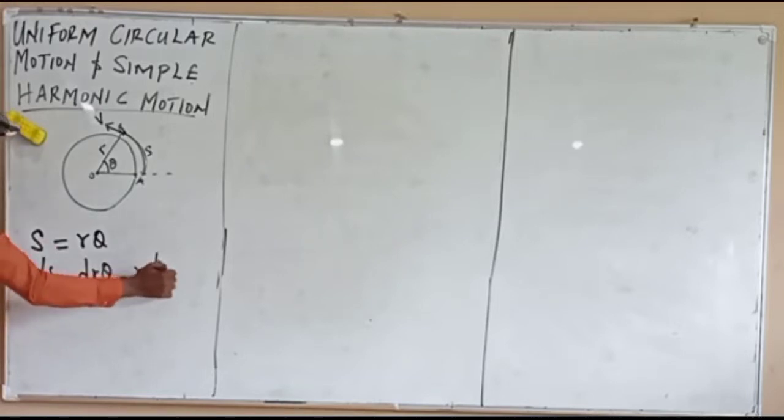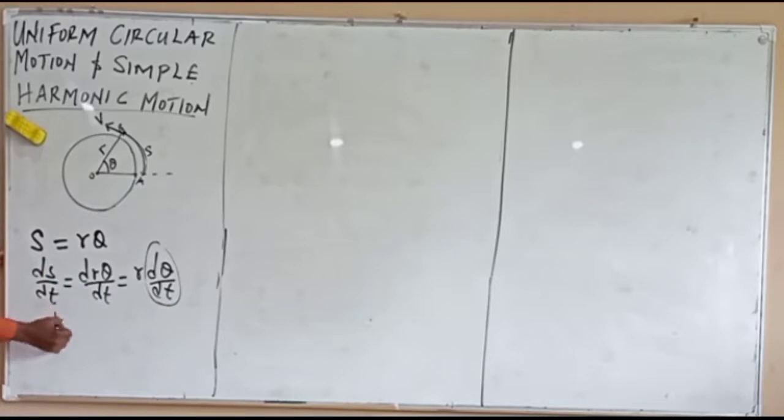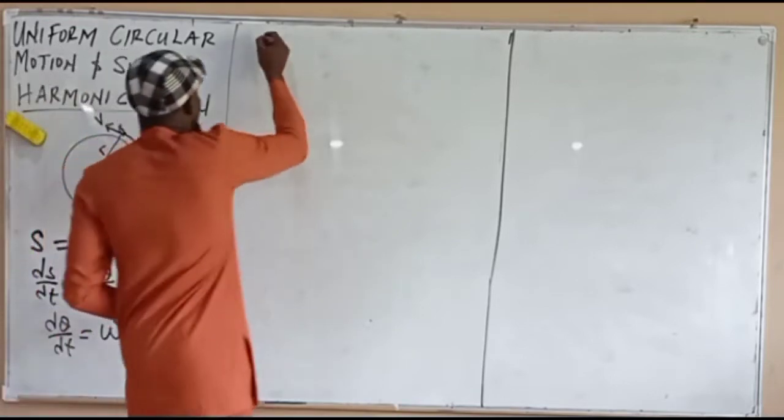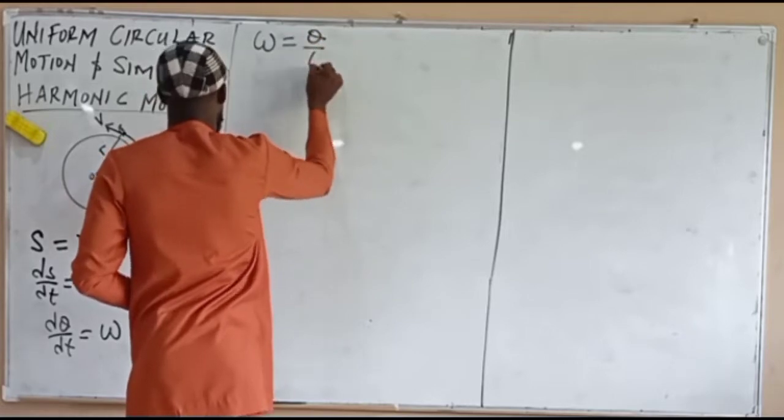We have r d theta over dt. The change in angular displacement with respect to time, d theta over dt, is the angular velocity. So in a very simple way, angular velocity is equal to angular displacement over time.